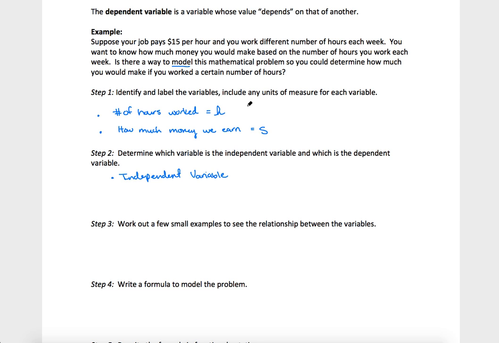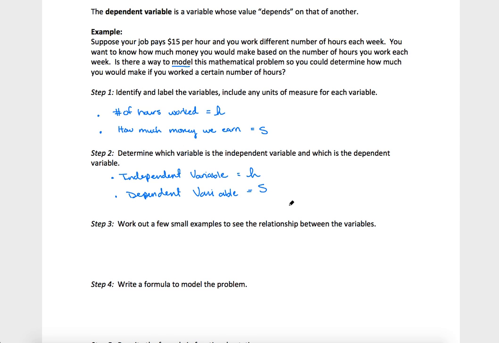So hopefully you can see that how much money we earn depends on the number of hours we work and not the other way around. So that means that the independent variable must be the number of hours worked, and the dependent variable is how much money we would earn.